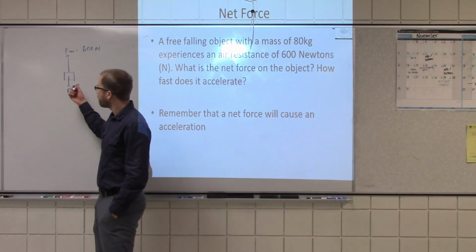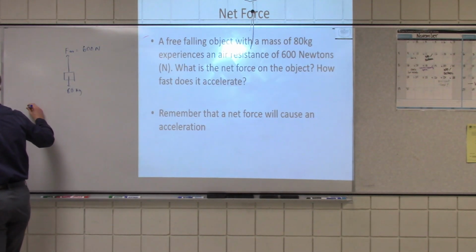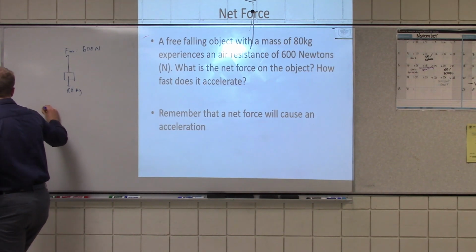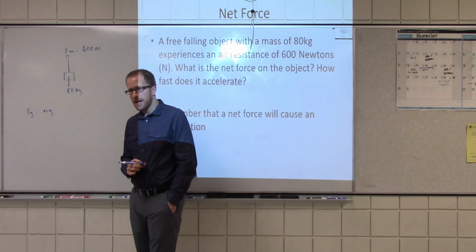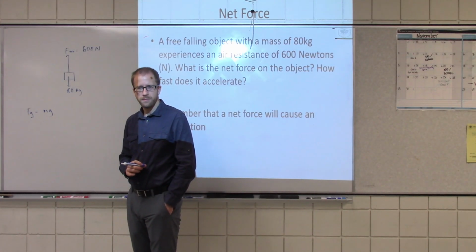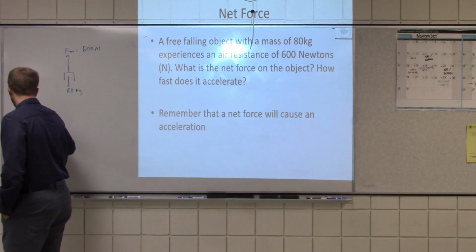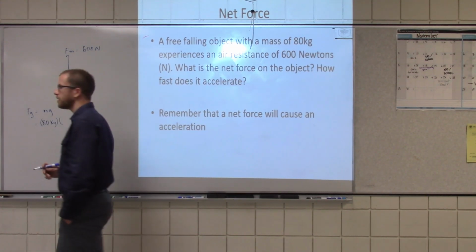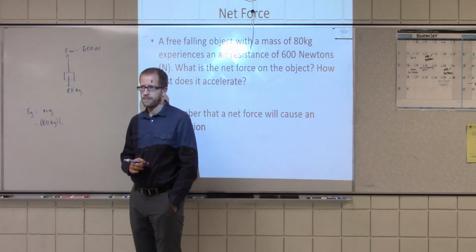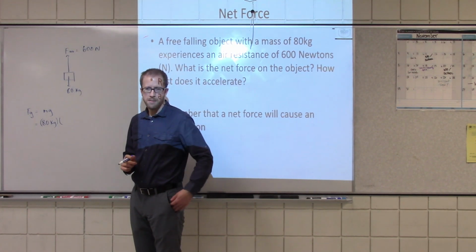So, what is my force due to gravity? Well, it's going to be my mass times g. What is our mass? 80 kilograms. What is g? 9.8 meters per second squared.